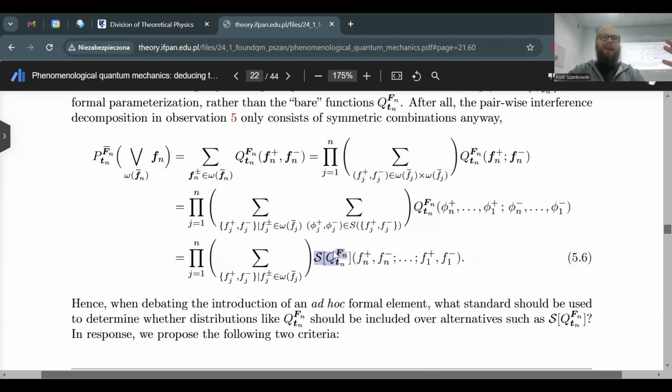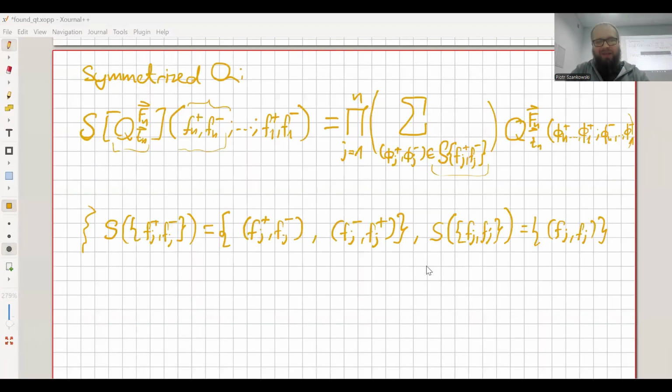Okay, so now, having shown you that, here is a conundrum. Here is a problem we need to address. If we need to introduce some formal elements along our deduction, they come in kind of ad hoc, right?